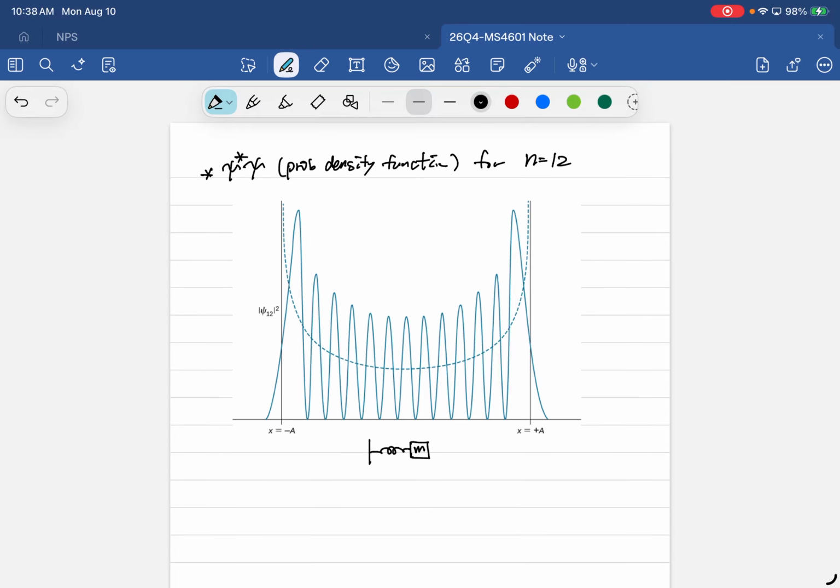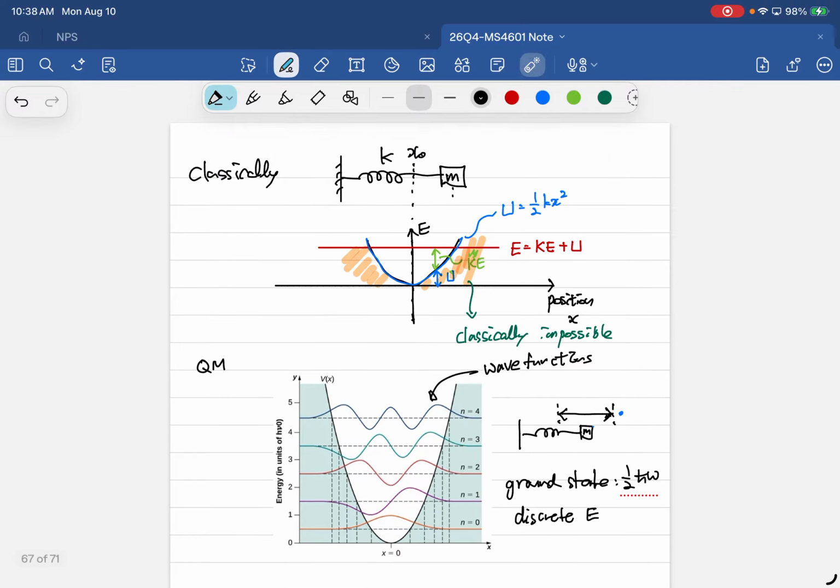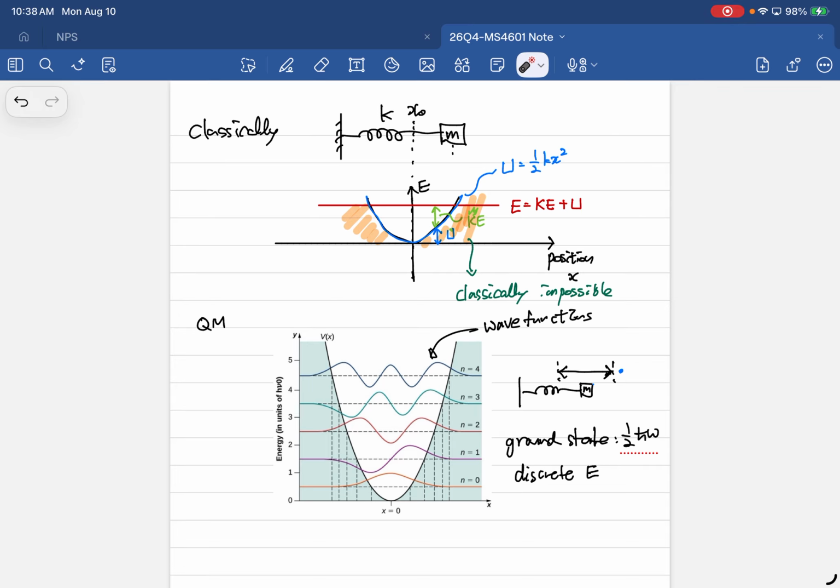How does the probability look? Classically, let us think about how the probability would look. It might be confusing, but when we look at this classical harmonic oscillator, it keeps moving left and right with different speeds. As it reaches the end point, the velocity is 0, but the velocity is highest at the center point, right?